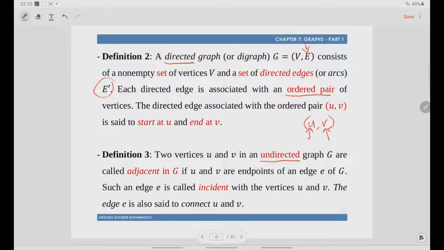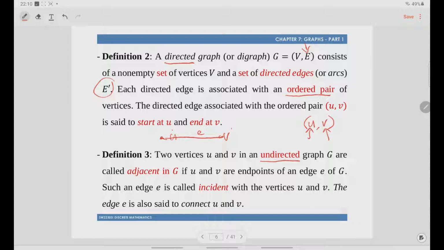We have vertex U, and we also have vertex V. If these vertices are connected by an edge E in the undirected graph G, then we call U and V adjacent in G.